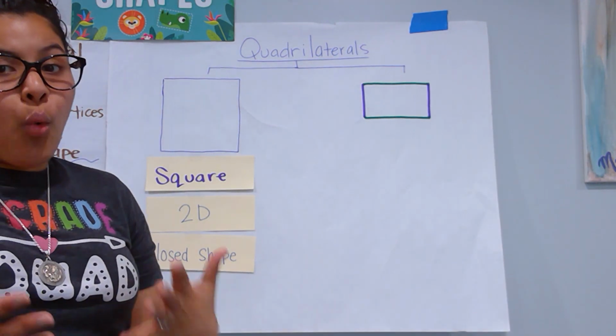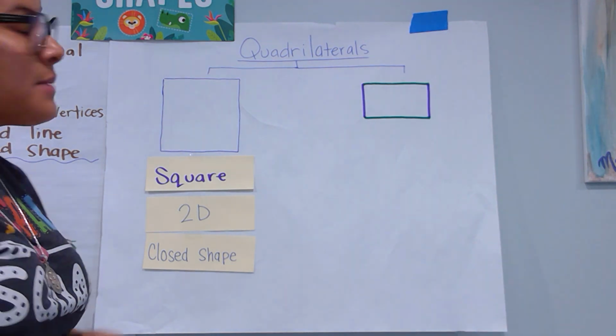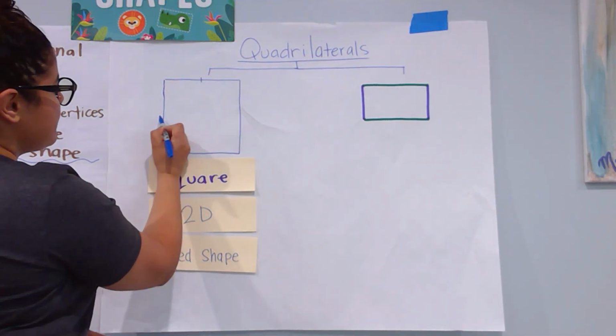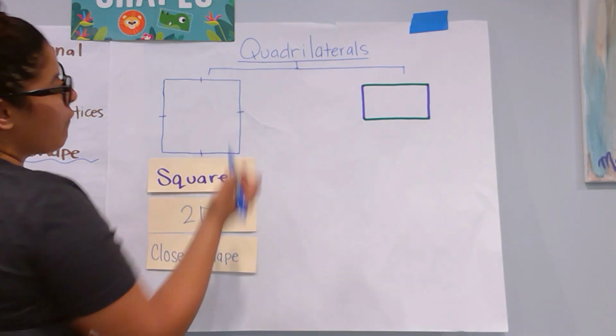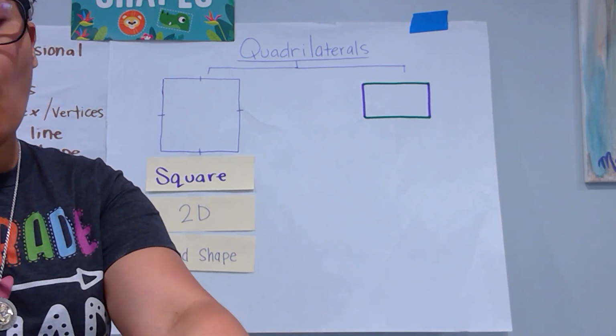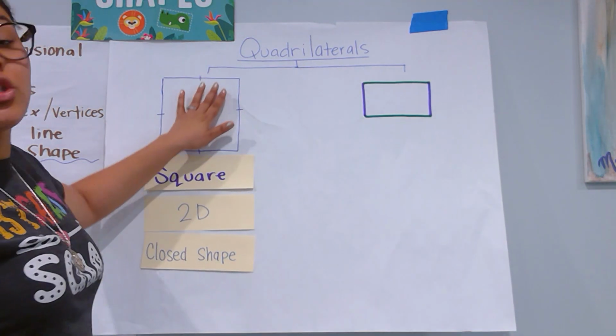Now, it is a quadrilateral, so we know from the name how many sides it is. But let's count how many sides just to be safe. 1, 2, 3, 4. So we know that the square has 4 sides, but these sides are special.